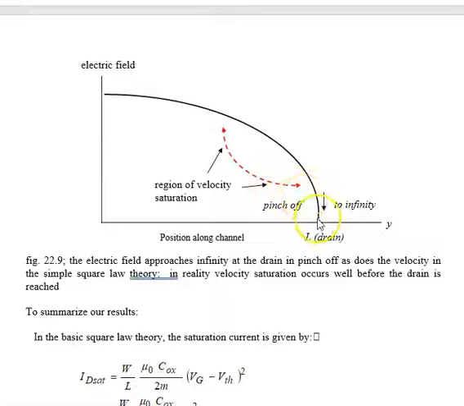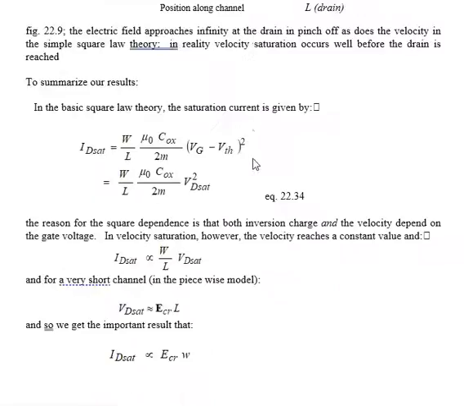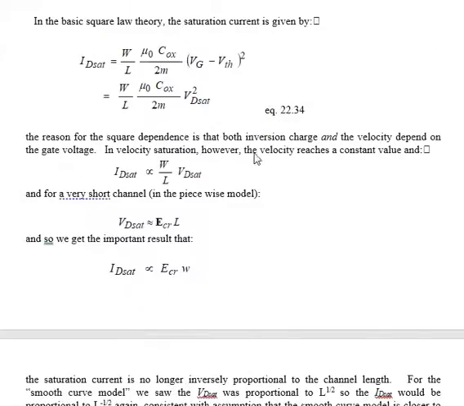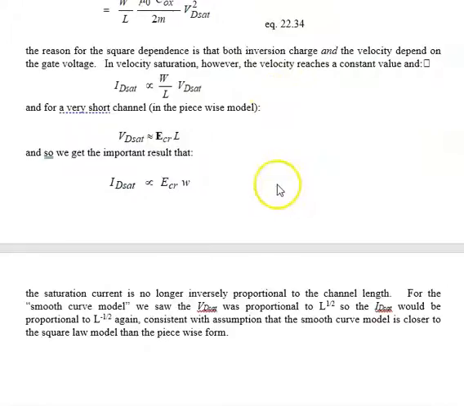Velocity is certainly saturated at the drain for VDS above pinch off, and it's certainly saturated at pinch off, and it's probably saturated even before we get to pinch off. So basically, this is a summary of everything that we've said.